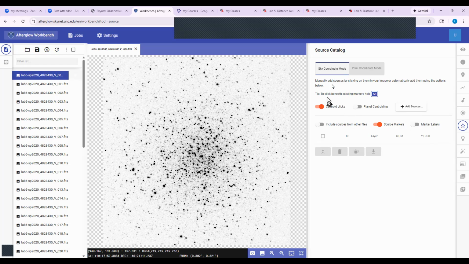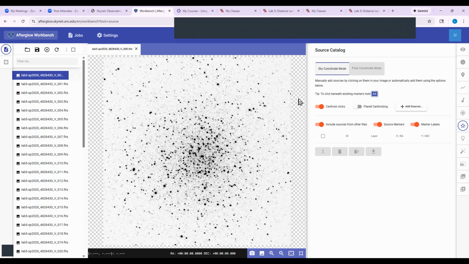And here, when you choose photometry, make sure that the centroid click is on, and all the tabs in here are also on: include sources from the other files, source markers, and marker labels. The program marks it itself. We cannot change the marking, but we have to know which one we click first to identify.